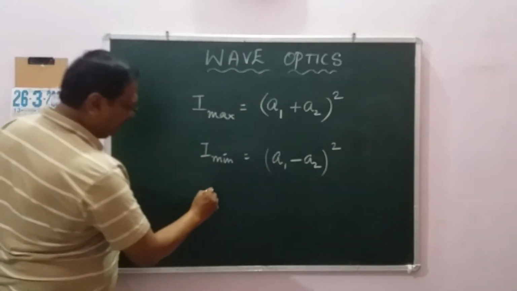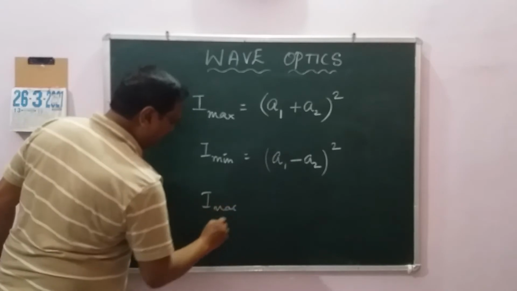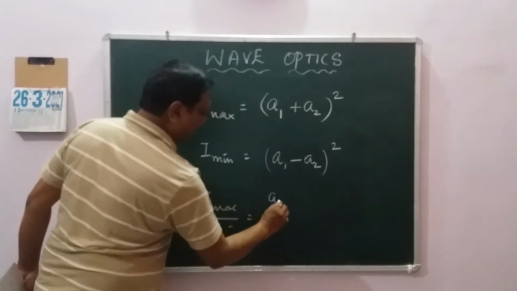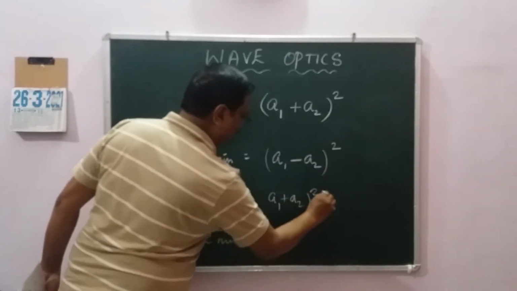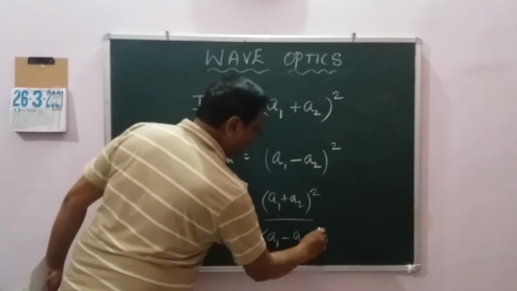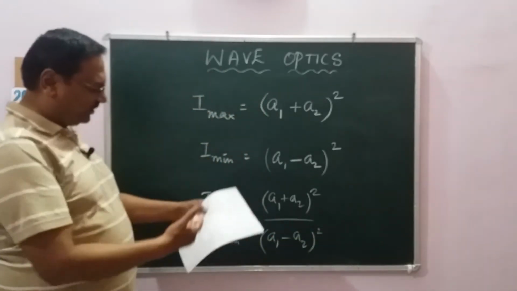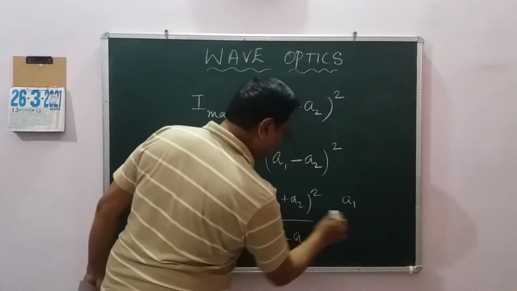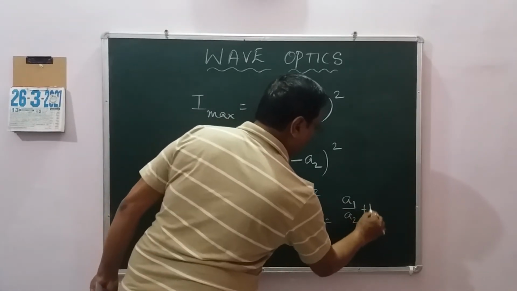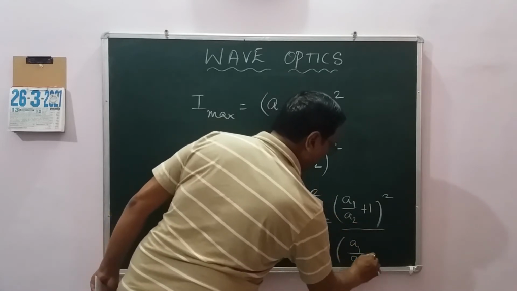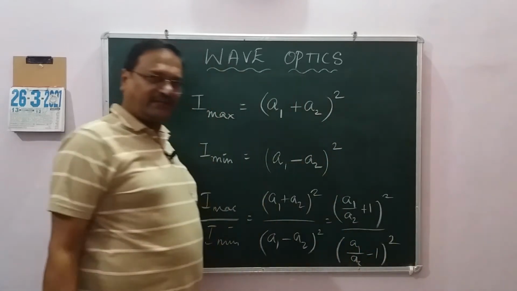Now, intensity max upon intensity minimum will be simply equal to (A1 plus A2) whole square divided by (A1 minus A2) whole square. You can write it in simpler form also: bring A2 down, so (A1 upon A2 plus 1) whole square divided by (A1 upon A2 minus 1) whole square.